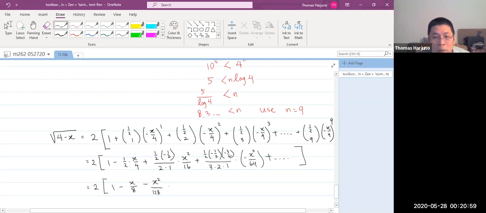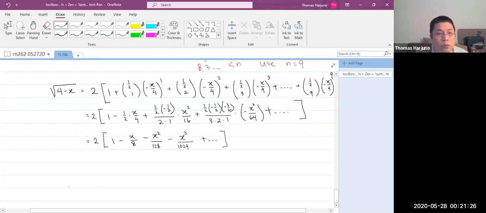And then this minus again. Oh, we keep on minusing. The 3 cancels, so that's x cubed over 2 to the 4th times 64, 1024, and then so on and so forth.